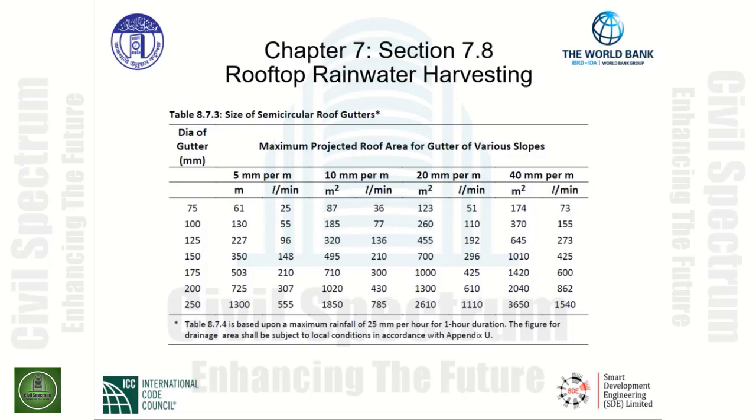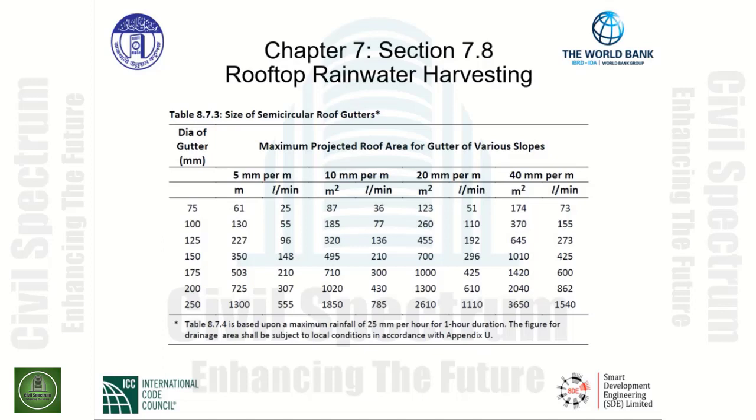The second column gives us 5 millimeters per meter, as well as the area of roof in square meters and the flow in liters per minute. The next category is 10 millimeters per meter slope, 20 millimeters per meter slope, and last column indicates 40 millimeter per meter slope accordingly.